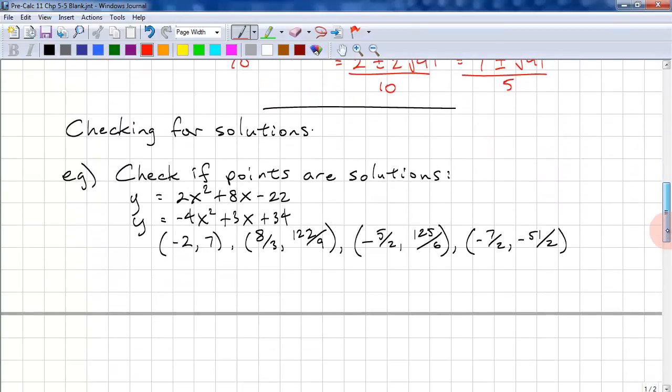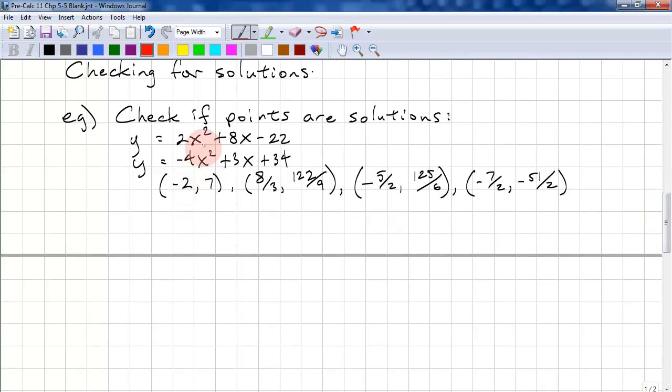Another task that we need to learn is to check to see if points are solutions. So we have this point, this point, this point, this point, and we have the two equations. We need to see if the point works for both equations. So we'll plug the first point into the first equation. We have negative 2 squared, times 2, plus 8 times negative 2, minus 22.